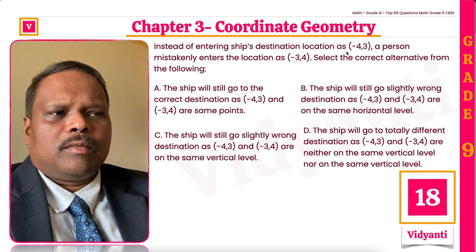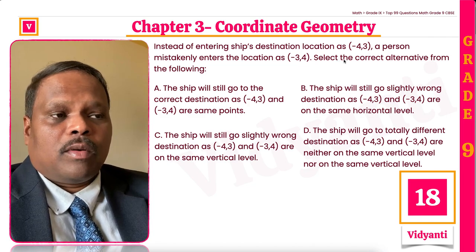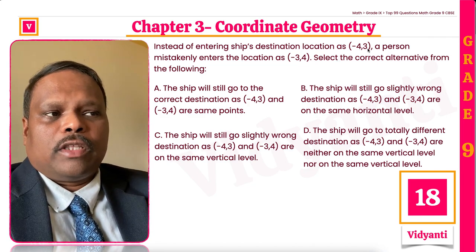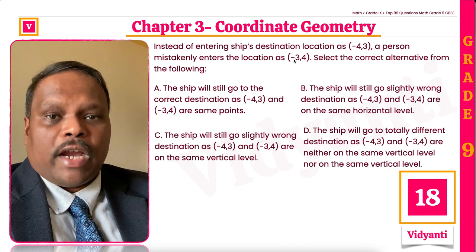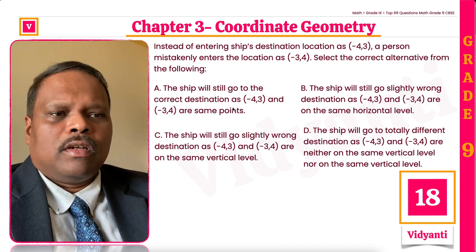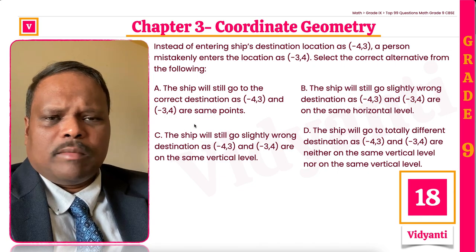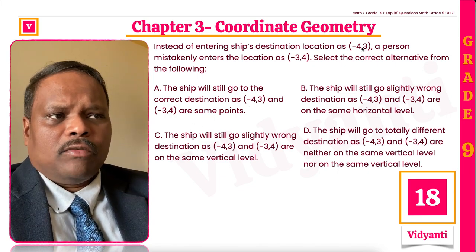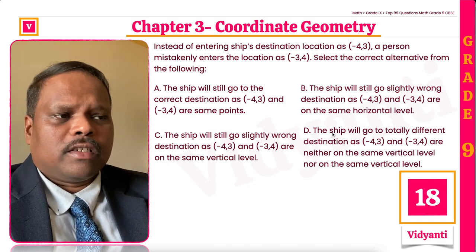Instead of entering the ship's destination, a person was supposed to enter the destination in a software program as (-4, 3). He makes a mistake. Instead of that, he types (-3, 4). Then what will happen? Well, will the ship go to the correct destination because these two are the same? Absolutely not. (-4, 3) and (-3, 4) are totally separate destinations.